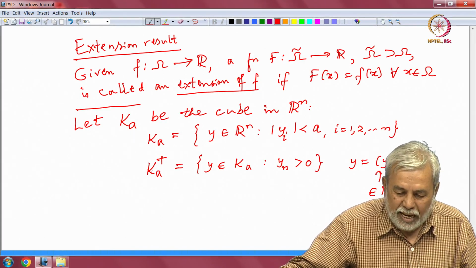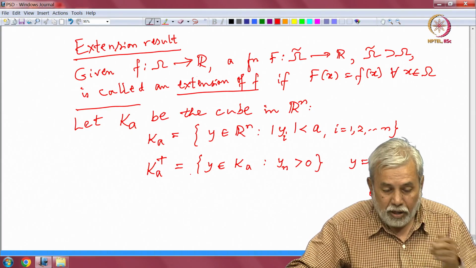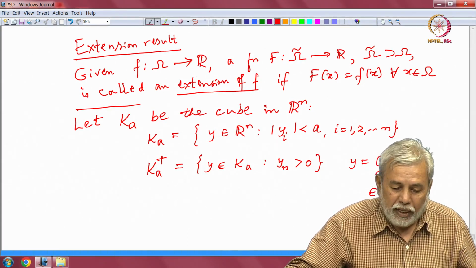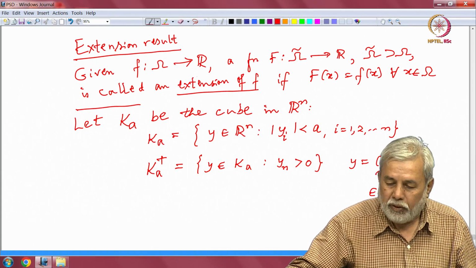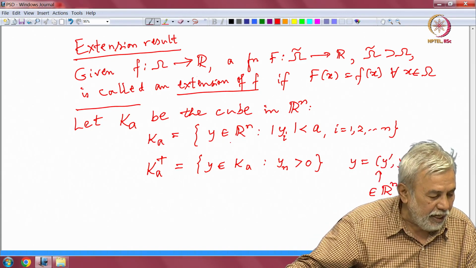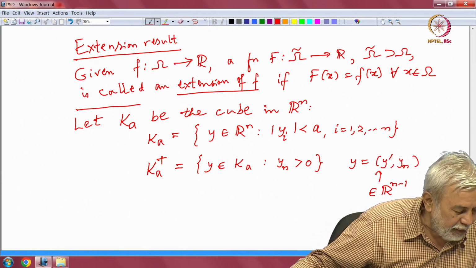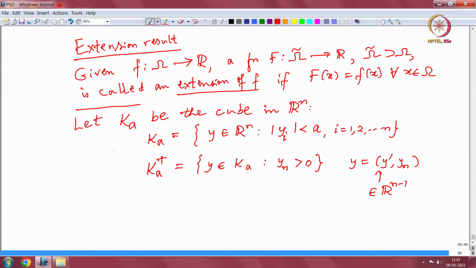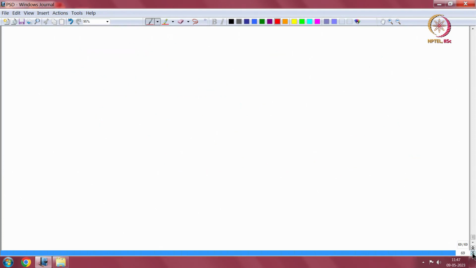Now we will see that, given a function in K a plus, that is the upper half cube, we want to extend that to the lower half. Let me state that as a theorem, and then I will present a sketch of the proof. There are two parts again.